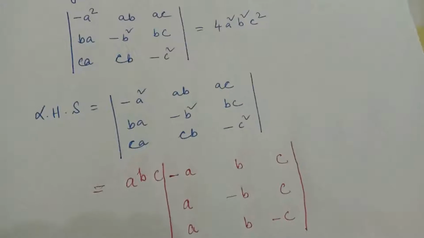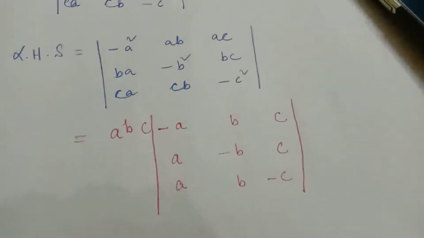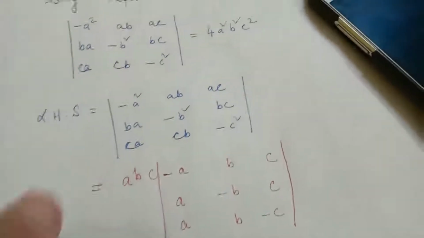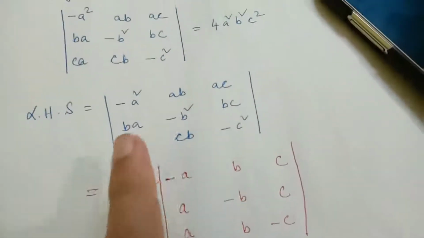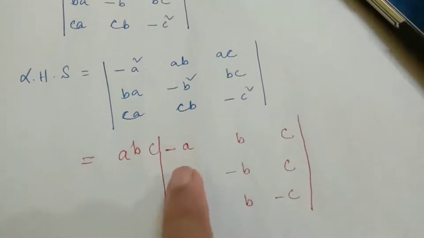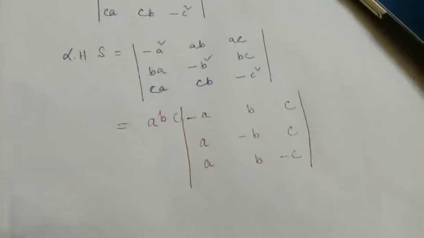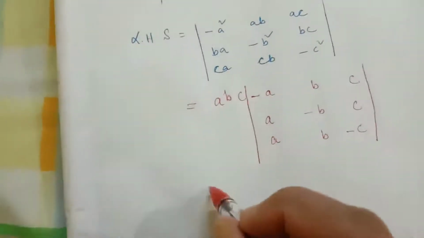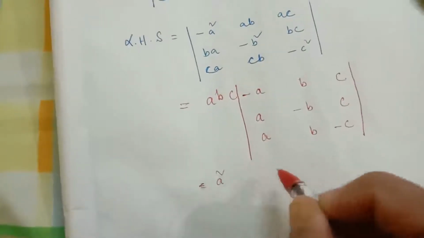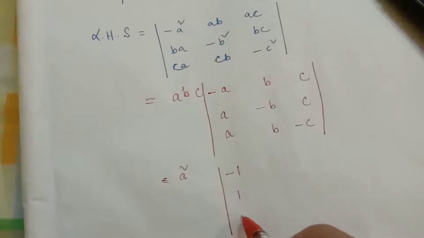Now again you can see in the first column, a is the common factor of each element. Again we can take a common from the elements of C1. So a into a will become a square, and this will become minus 1, plus 1 and 1.